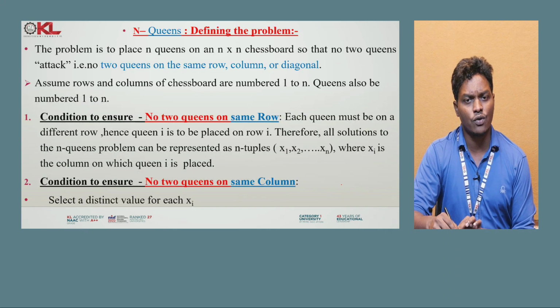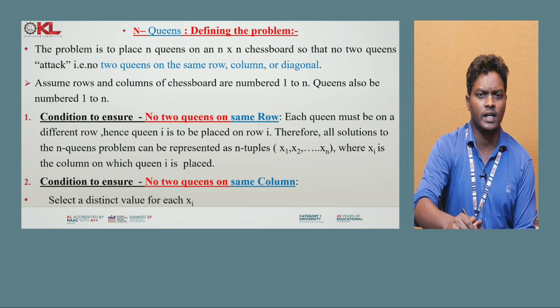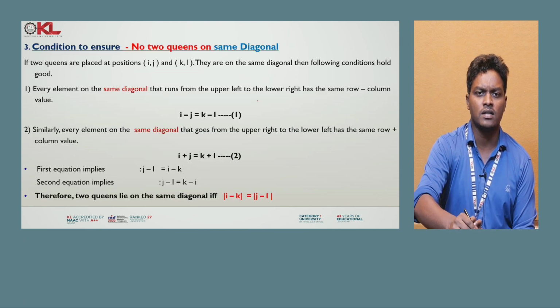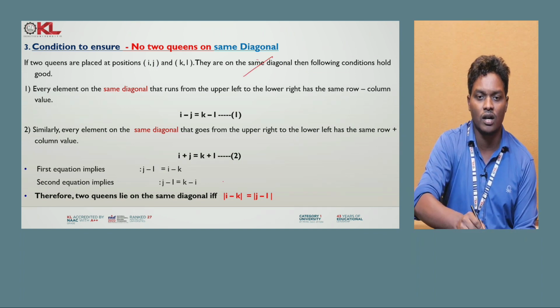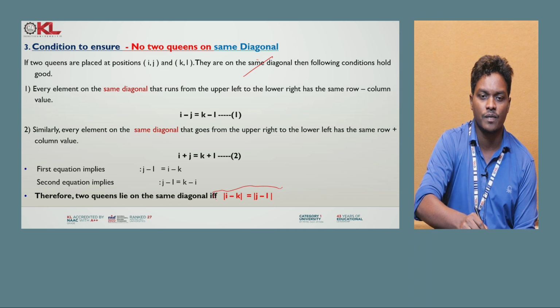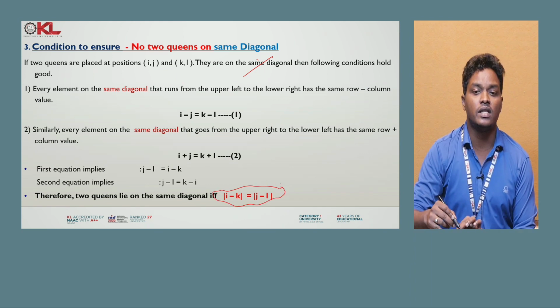The same n queen problem can also be constructed by following the implicit and explicit constraints, that is, no 2 queens on the same row, same column and same diagonal. In order to check whether the 2 queens are diagonal or not, we are going to use this equation.